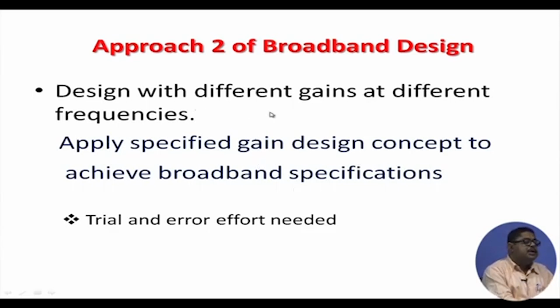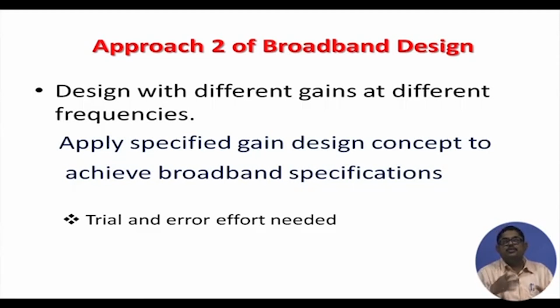Another approach is, instead of conjugate matching, you design with different gains at different frequencies, and for that you apply whatever we have discussed in the specified gain design concept: draw the specified gain or any constant gain circle at that frequency and try to have the matching circuits for that.